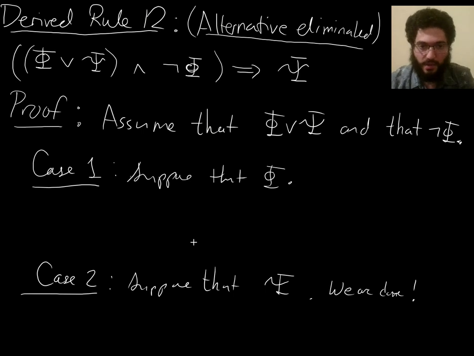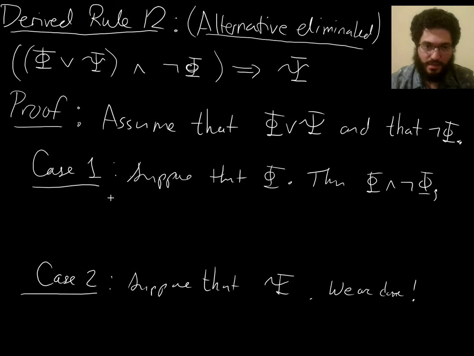I hope that after everything's said and done, I can deduce psi. That's the hope. Here I have phi, but remember I also have not phi. So it looks like we have a contradiction, right? Phi and not phi. A contradiction.